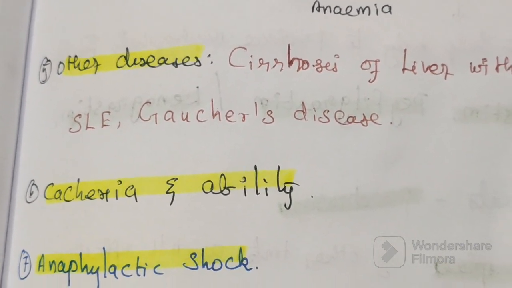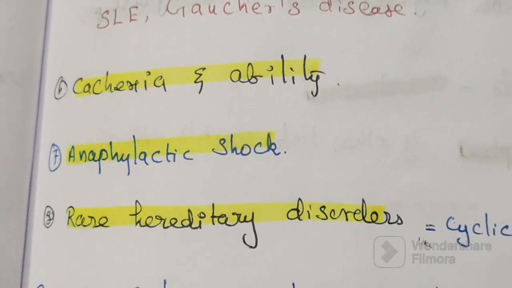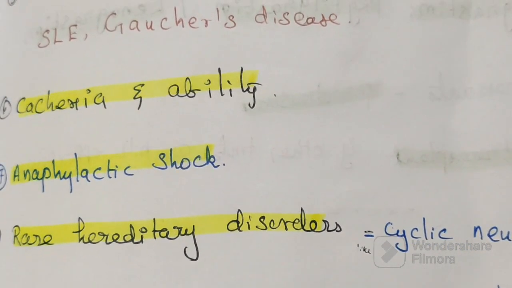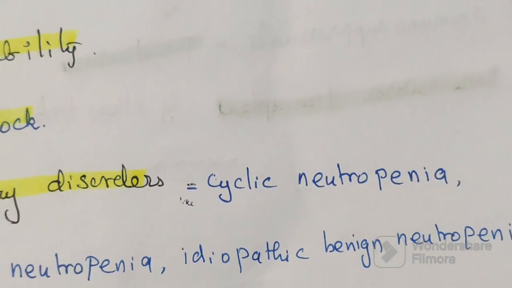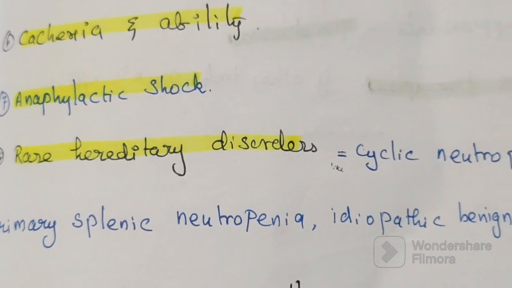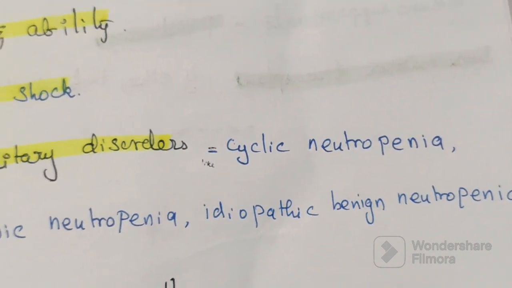Then cachexia and anaphylactic shock, then rare hereditary genetic diseases. Here cyclic neutropenia, primary splenic neutropenia and idiopathic benign neutropenia conditions will happen.